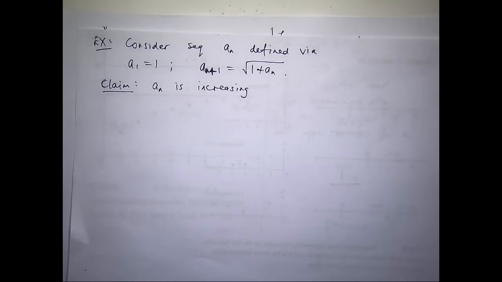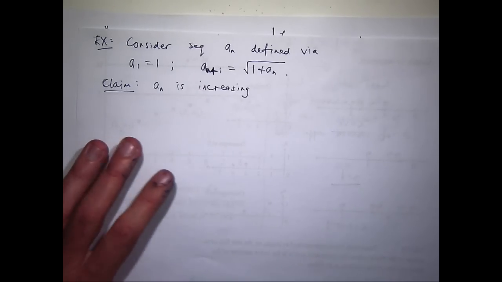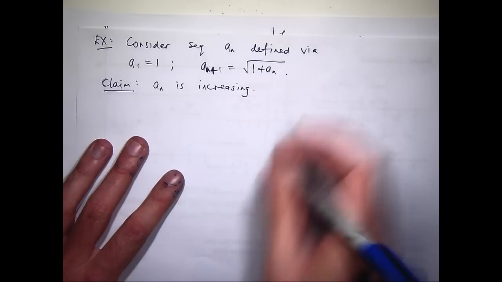We want to show that the sequence is monotonic, it's either increasing or decreasing, and it's bounded, either above or below, depending on whether it's increasing or decreasing. If we can tick off those two claims, then we know the limit must exist. And then after that, it gives us a little bit of a hunting license. Maybe we can go and hunt for the limit. Okay, so how would we do this?